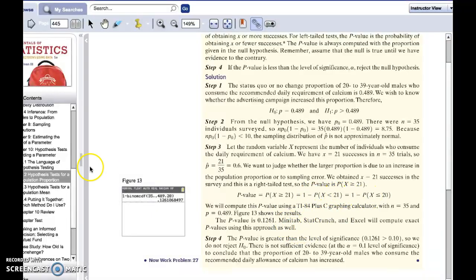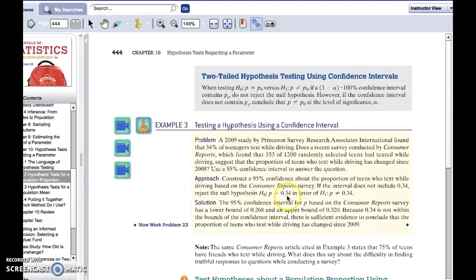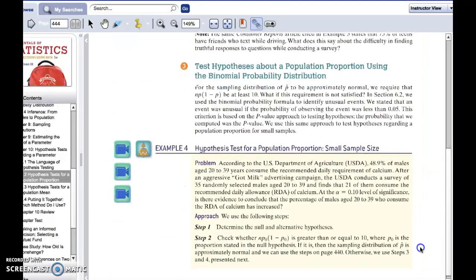They mention StatCrunch, and they also give you an excellent video, I think it's the second one here, that uses StatCrunch with a small sample size. It refers you back to the binomial distribution that we saw in chapter 6 and gets your p-value or your probability from that distribution rather than your normal distribution.